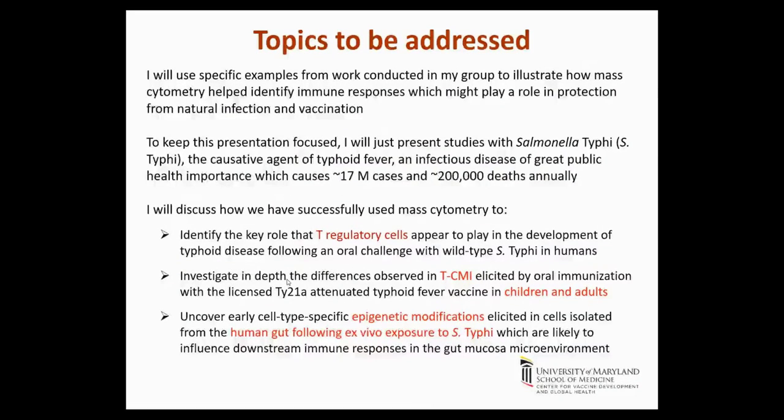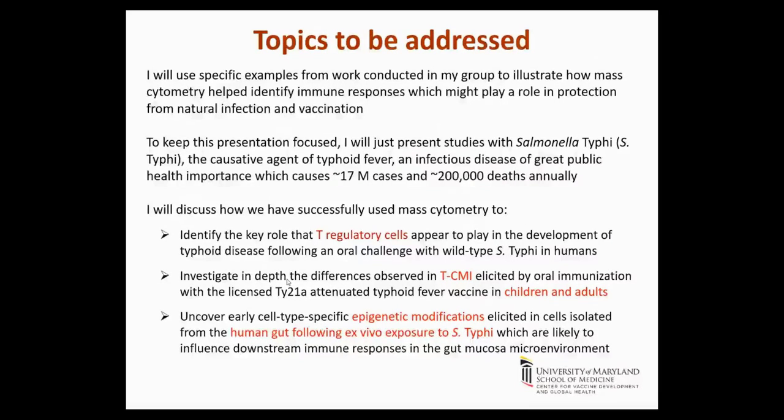So I will address in this presentation how we have successfully used mass cytometry to help identify the immune responses which might play a role in protection in natural infection, as well as during vaccination.